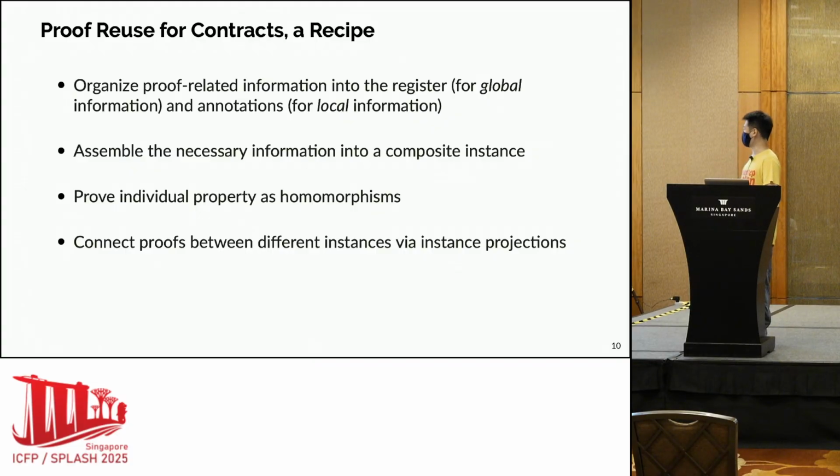You can organize the information you need into the register for global information, or into the annotations for local information. Then you can assemble all necessary information together into a composite instance. After proving the individual properties, you can just use instance projections to reuse your previous proofs.